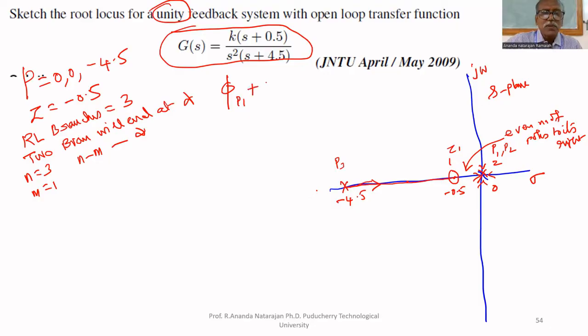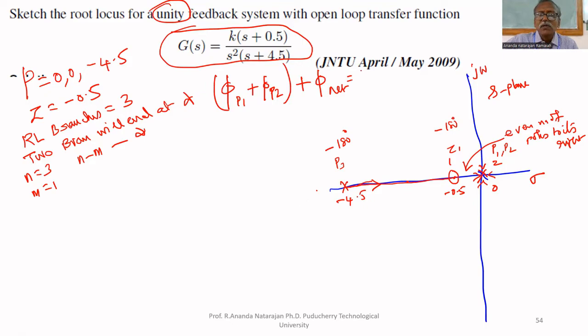For the remaining points, what are the angles they make? To the left, the angle is 180 degrees. So P3 makes 180 degrees, and Z1 also 180 degrees. We add one and subtract the other, so the net angle contributed by all other poles and zeros is equal to 0.